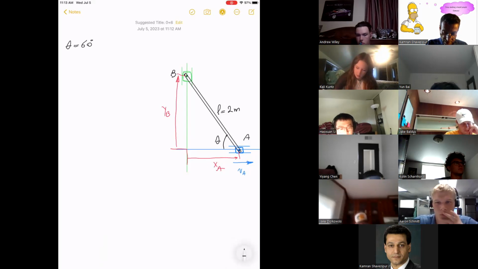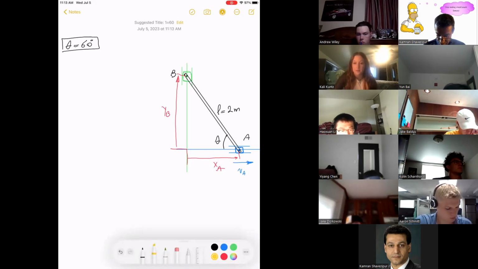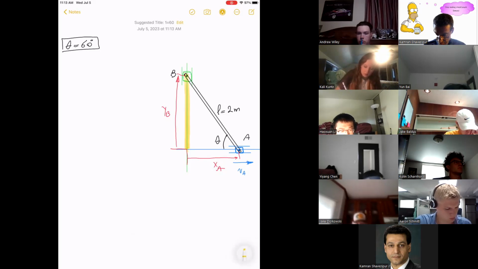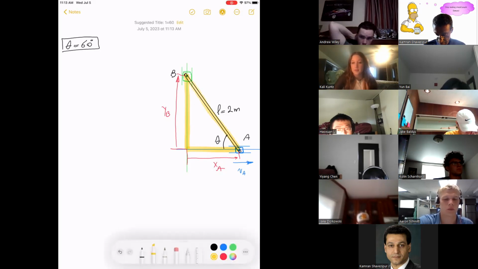Remember, theta is 60 degrees, but the equation we develop is general. Any suggestion? Does this triangle remind you of anything? Haoshin, how can we relate XA, YB, and theta using this triangle?